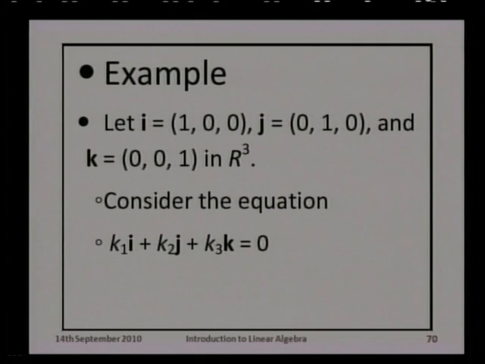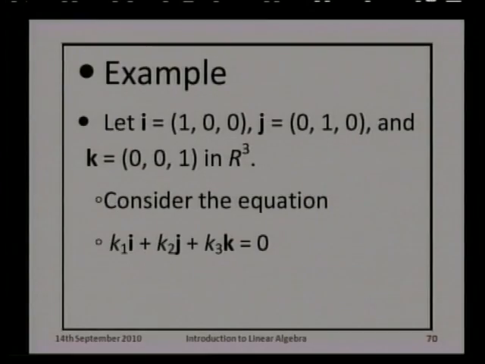One example which you must know, and in fact you might have seen it, is i equal to 1, 0, 0, j equal to 0, 1, 0 and k equal to 0, 0, 1 in R3. Consider the equation k1 i plus k2 j plus k3 k equal to 0. If you solve this, what will you get?